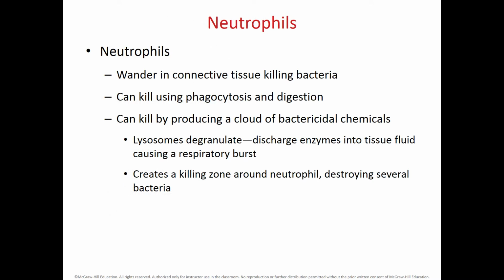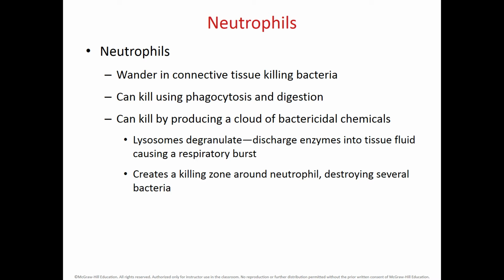Details about the neutrophils. Well, the neutrophils, as we saw before in the blood chapter, are filled with granules. So the neutrophils are part of the blood, the leukocytes of the circulatory system, and they can wander in connective tissue, killing bacteria.